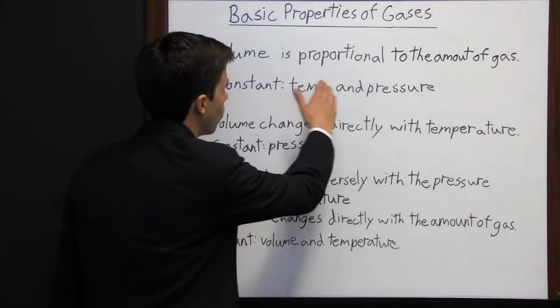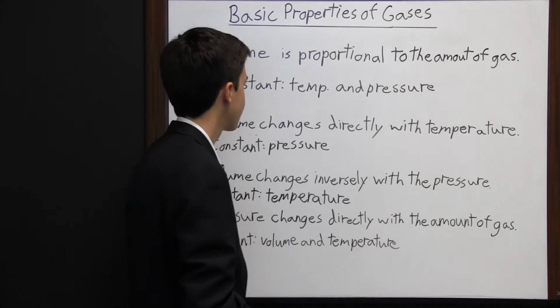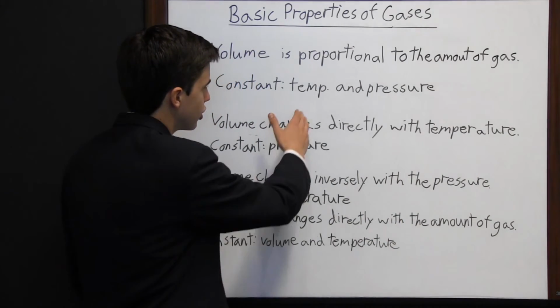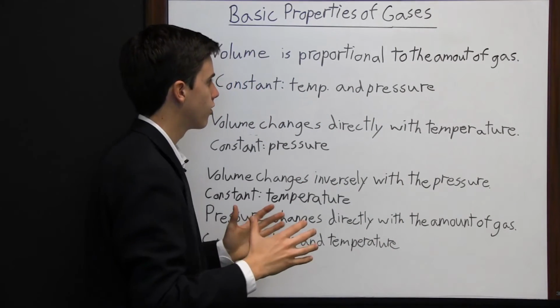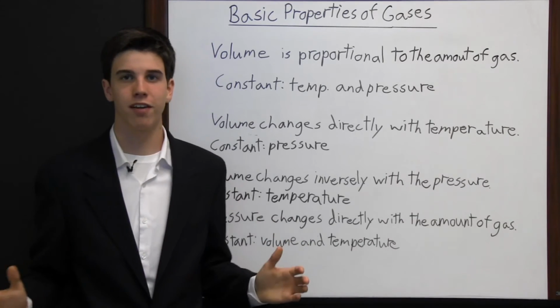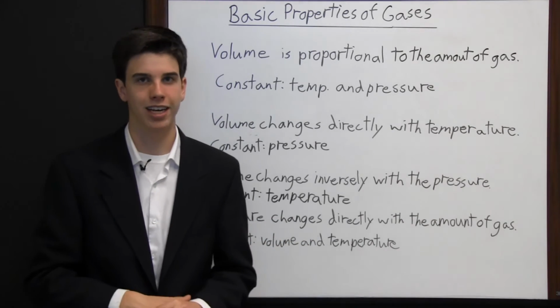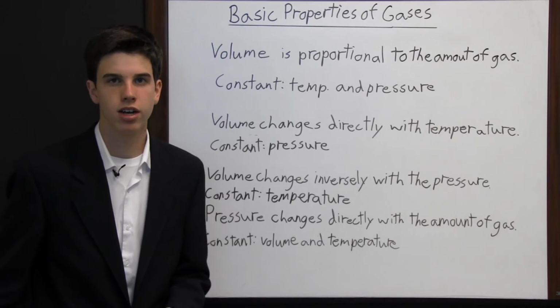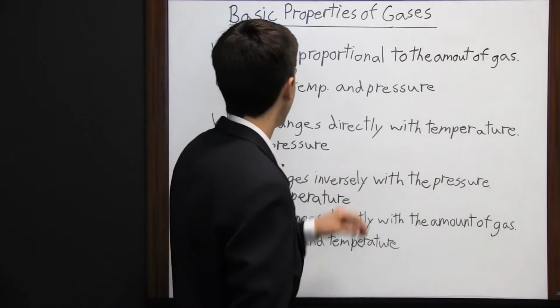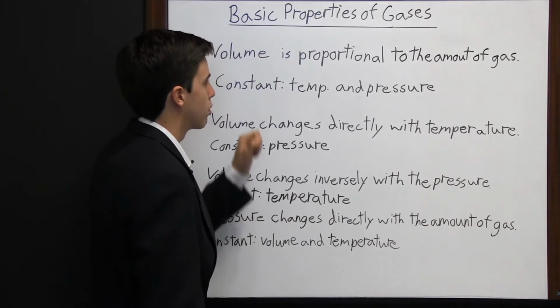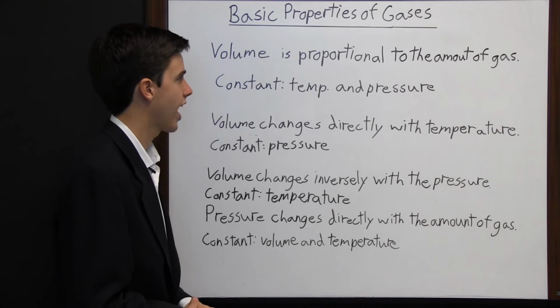So volume is no longer proportional to the amount of gas. But if temperature and pressure are constant, through this entire time, we can pretty much take them out of the equation because they're not affecting anything anymore because they're not changing. So when temperature and pressure are constant, we can then say volume is proportional to the amount of gas.